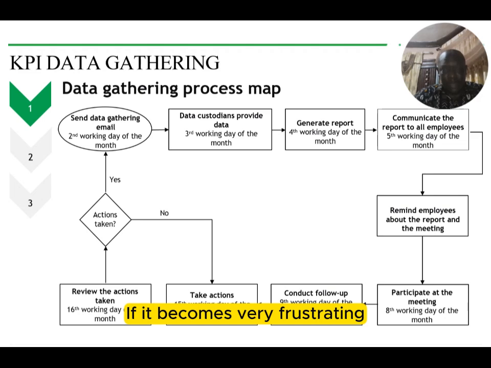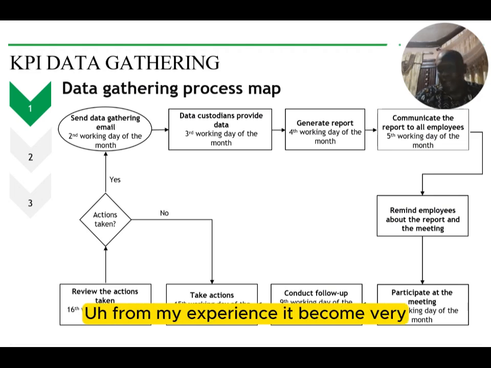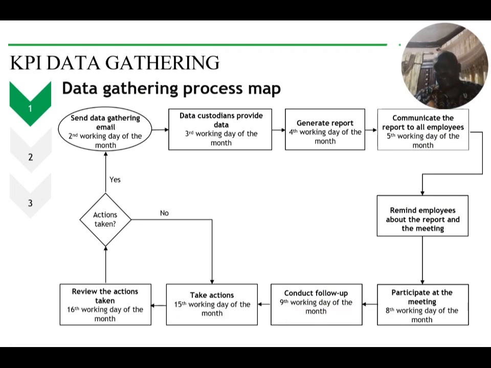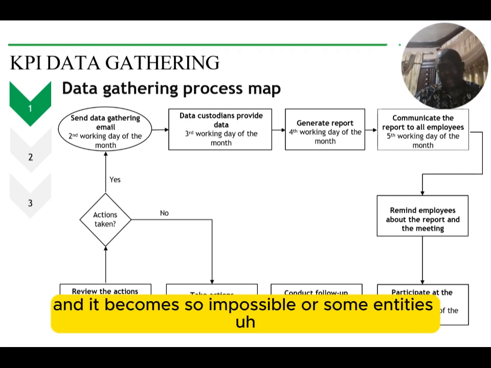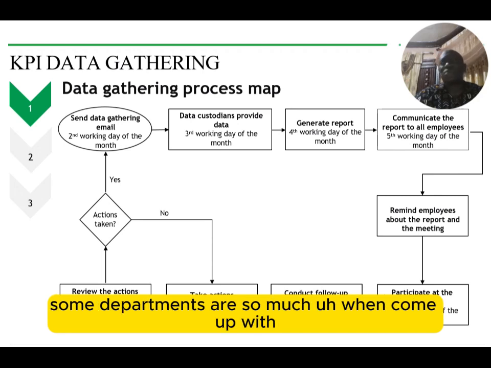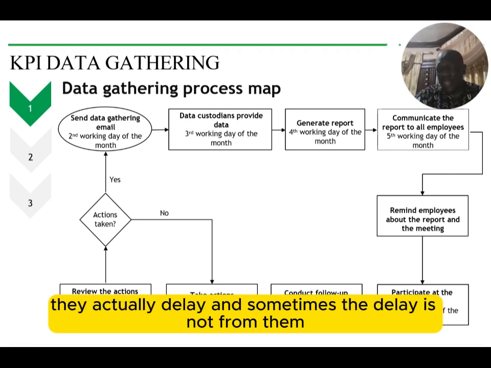From my experience, it becomes very frustrating when you have given this schedule and it becomes so impossible, because some entities or some departments actually delay, and sometimes the delay is not from them.